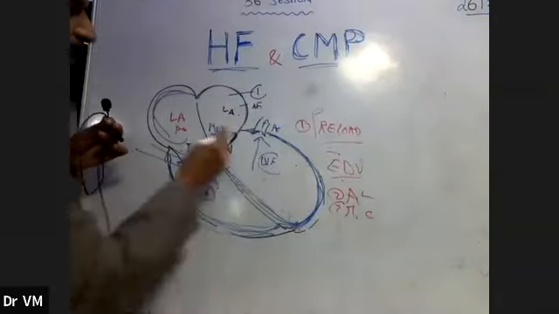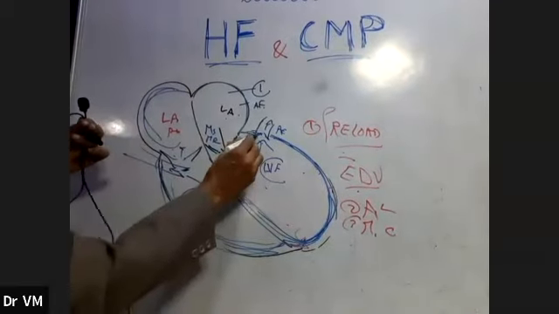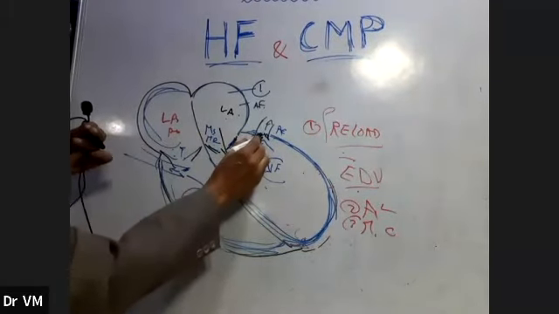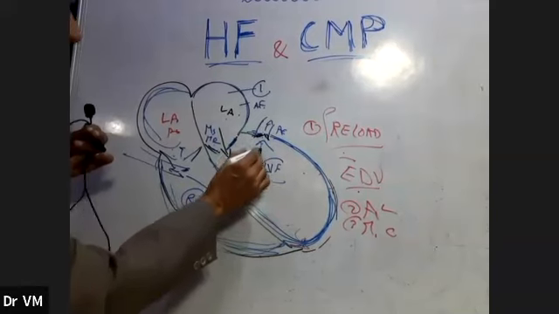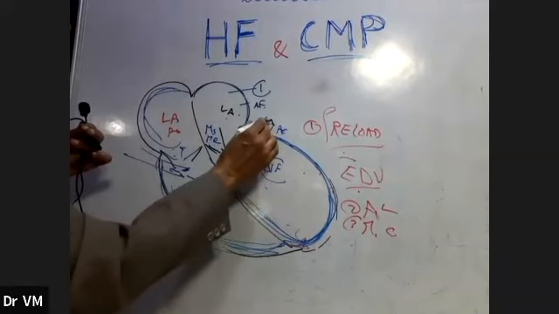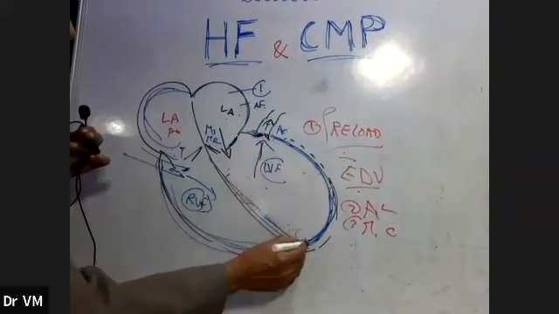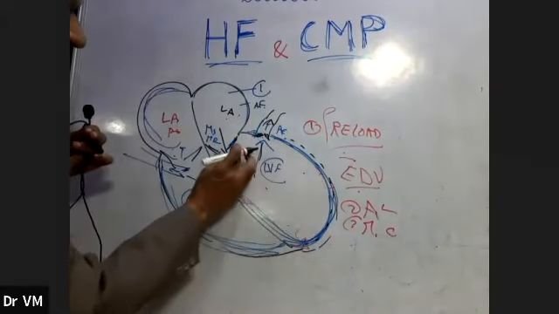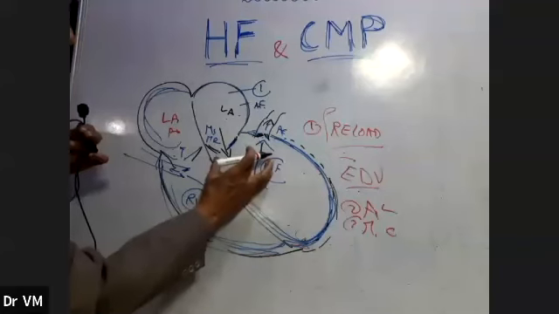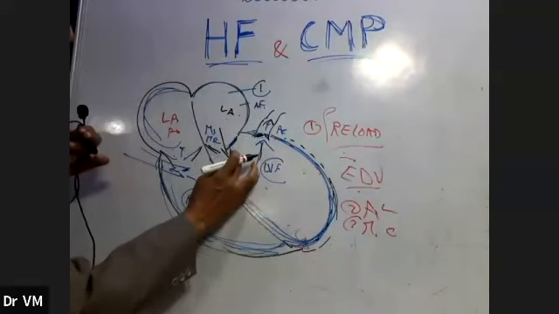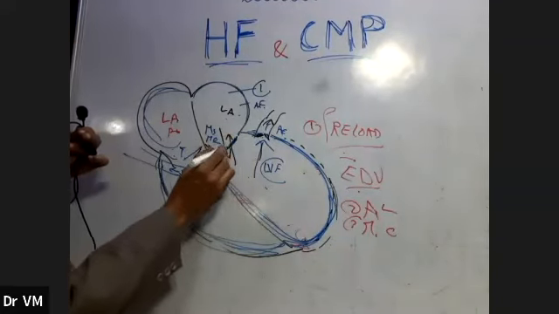Suppose, for example, there's aortic stenosis here, and the blood from the left ventricle is not able to get emptied completely, so the left ventricle becomes enlarged. When the left ventricle becomes enlarged, even the mitral ring also gets enlarged. You get a functional murmur of mitral regurgitation, functional murmur.